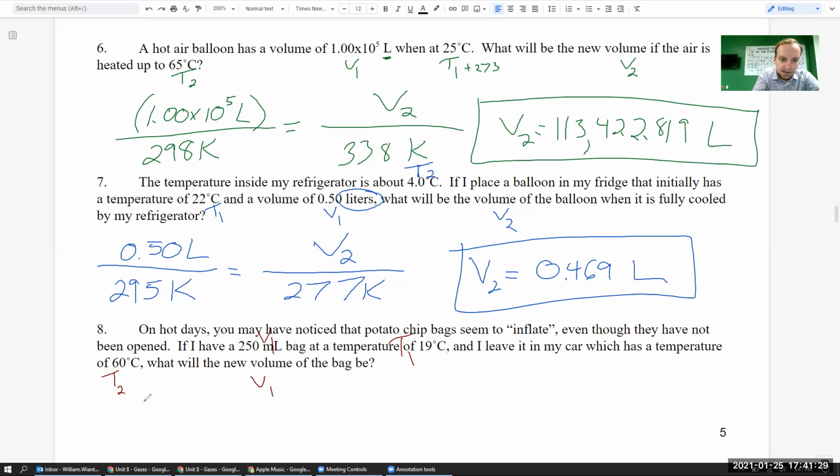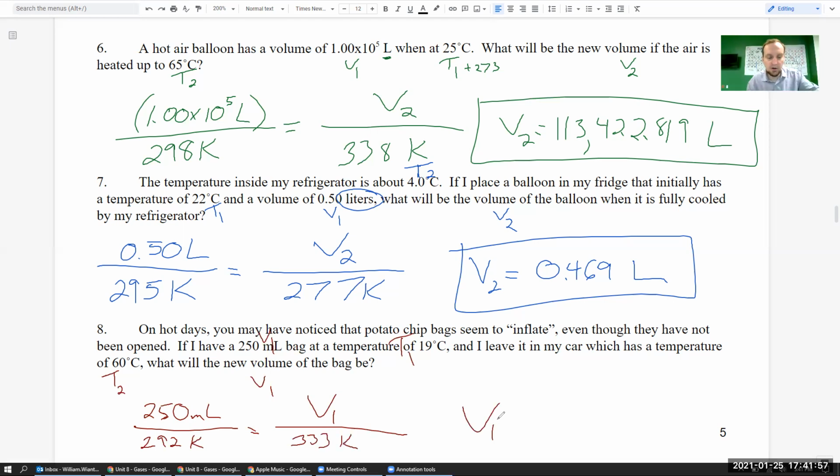So my V1 again is 250 milliliters. I'm worried we have to change this into liters, aren't we? No, guess not. Then the temperature again, 273 plus 19 would be 292 Kelvin. I'm going to put V1 over here and T2, which would be 333 Kelvin.